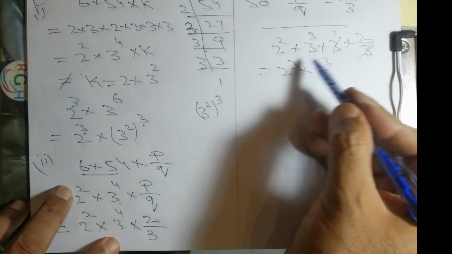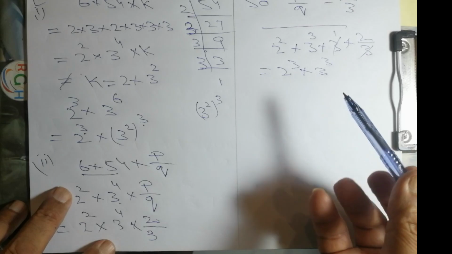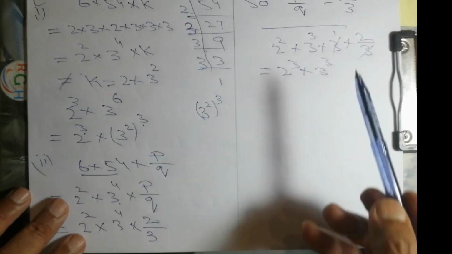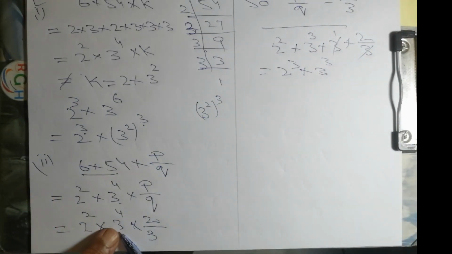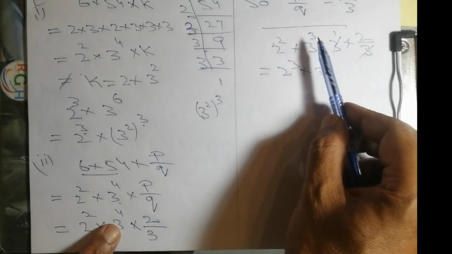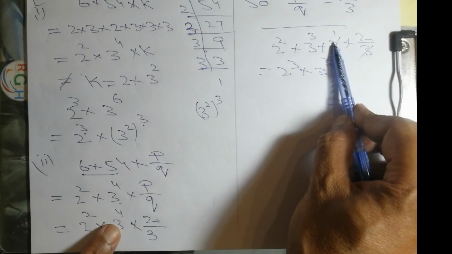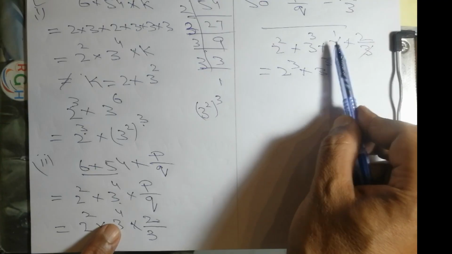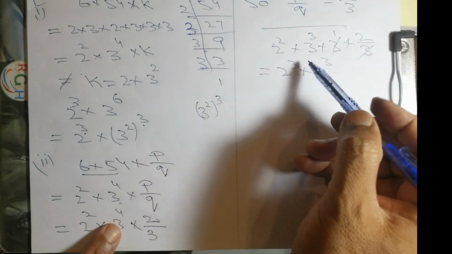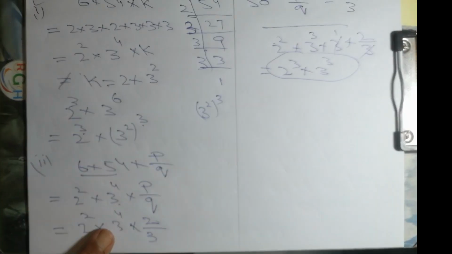So both numbers are cubes now. This is just for testing, where I broke down 3 raised to power 4 into 3 raised to power 3 and 3 raised to power 1, and the 3 cancelled, and we got a perfect cube.